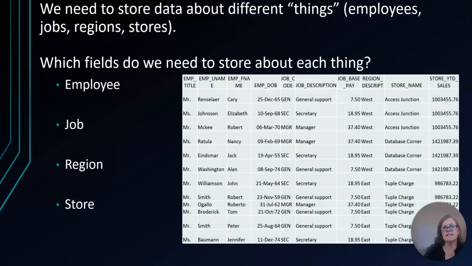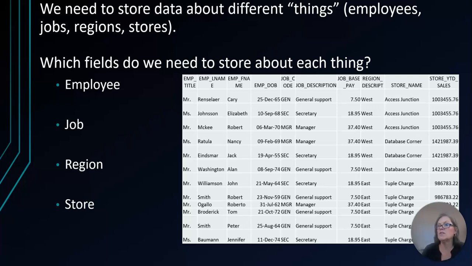All right, so let's take a look at how we would do this here. Here we can see that some of these fields appear to relate to employees. So I would say the first 4 columns, employee title, last and first name, and date of birth, those all describe an employee. So those would definitely need to be in the employee table. The next 2 fields, job code and job description, seem to describe a job.